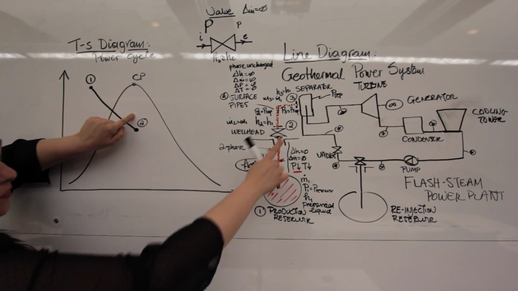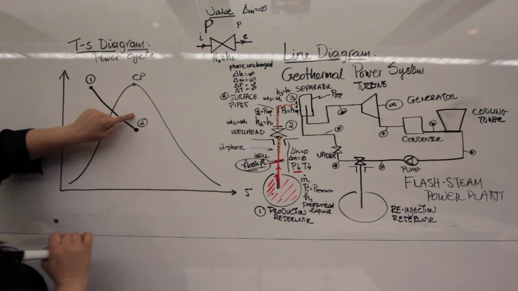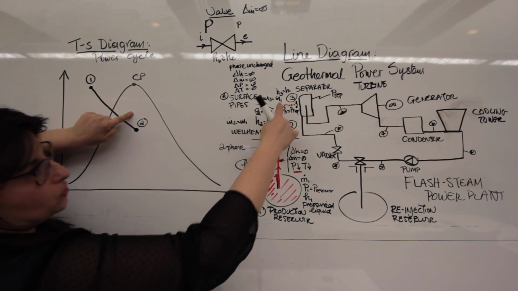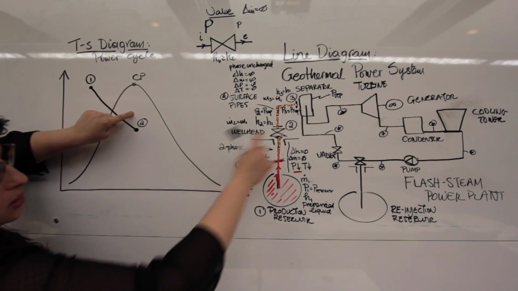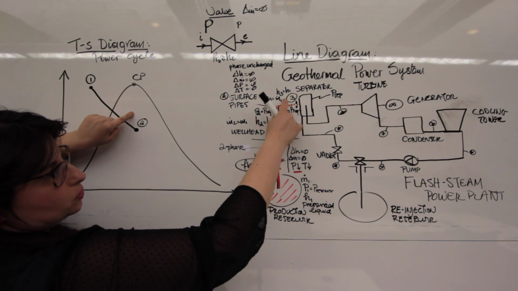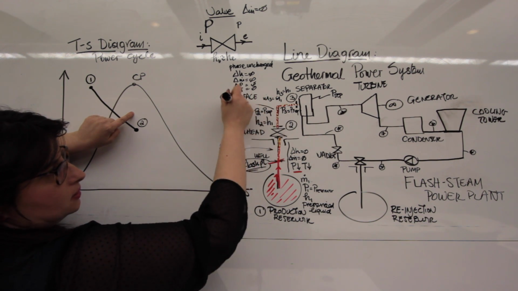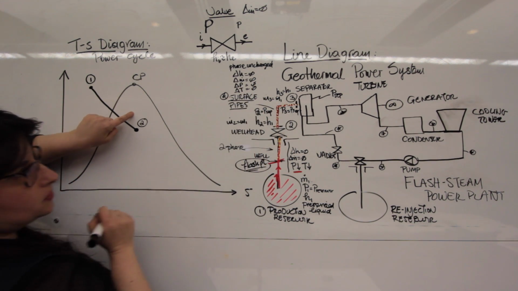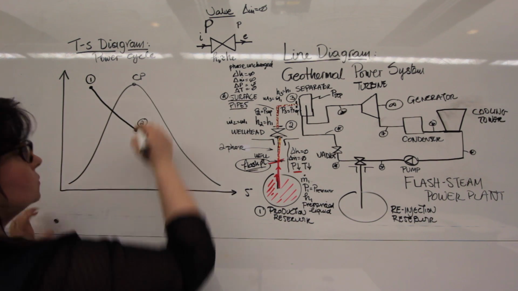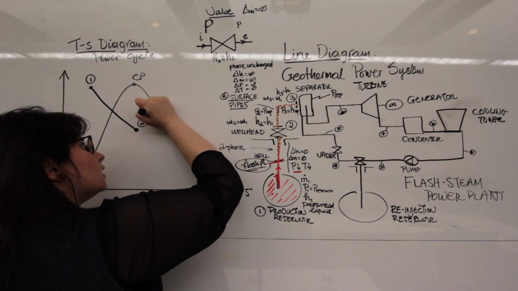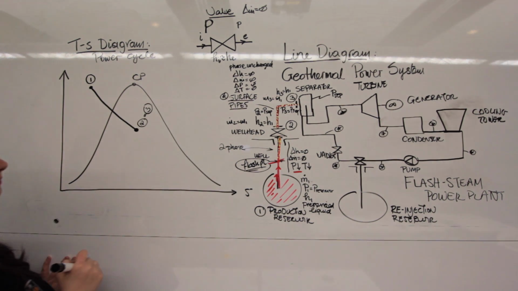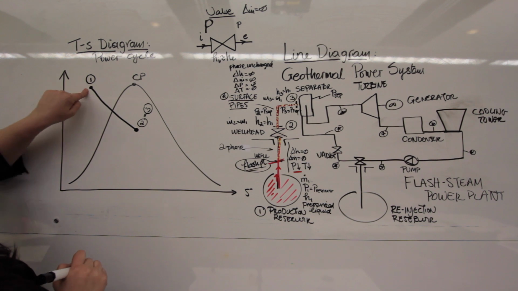Point 2, wellhead. Okay. Now, what about point 3? Well, we said that point 2 and point 3 are connected with surface pipes. Those have no effect on it. So essentially, I have point 3 here as well. Point 1, I'm inside the well.